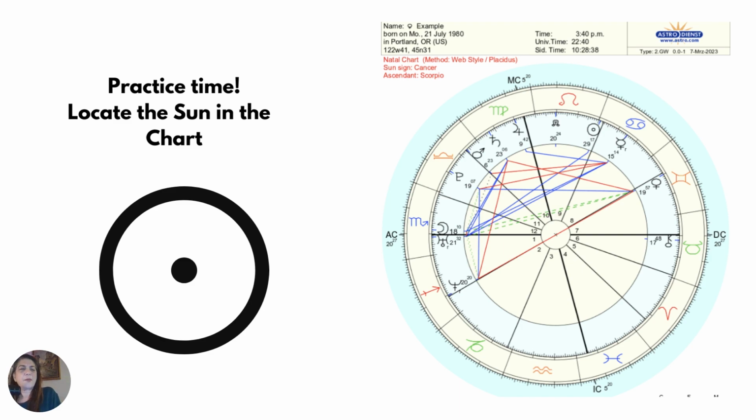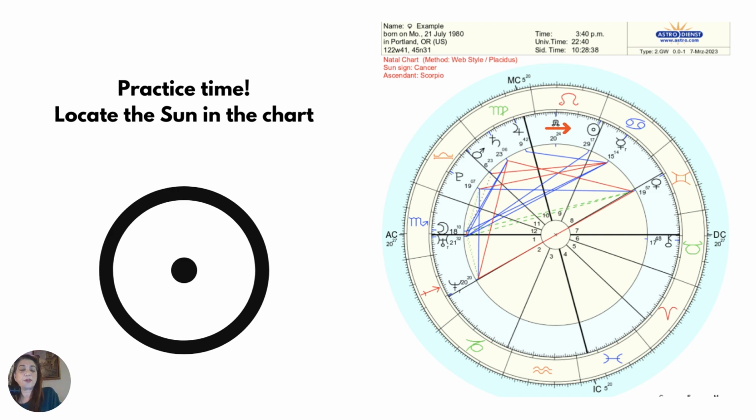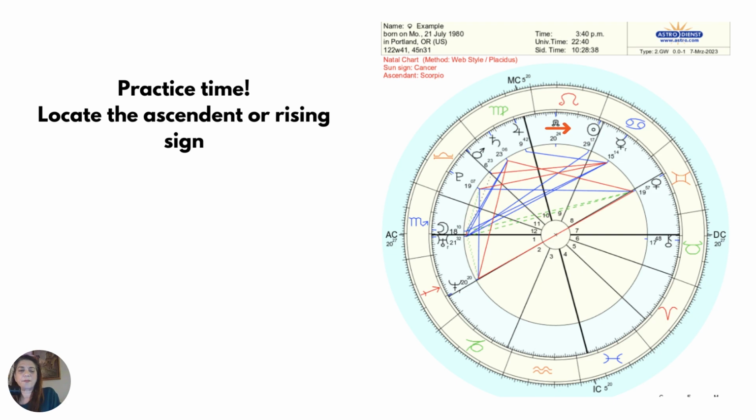So let's practice. I want you to grab your chart and locate the sun. The sun is that glyph. Where would the sun be in the chart? In this chart, it's right there. It's at the very last degrees of Cancer, and it's in the 9th house. Now remember, you have a key to use on astro.com on your chart.